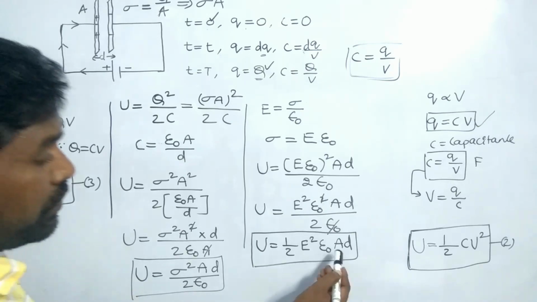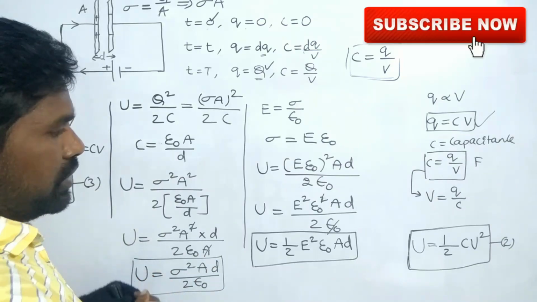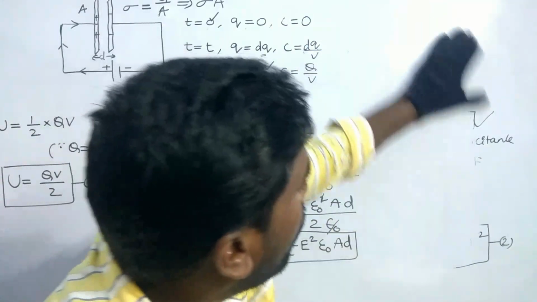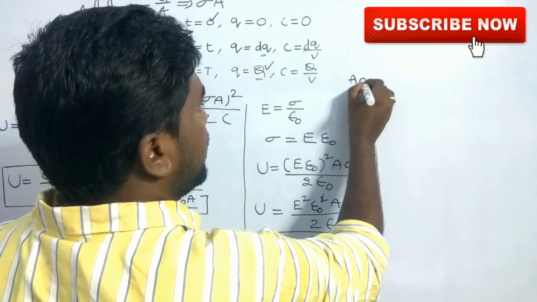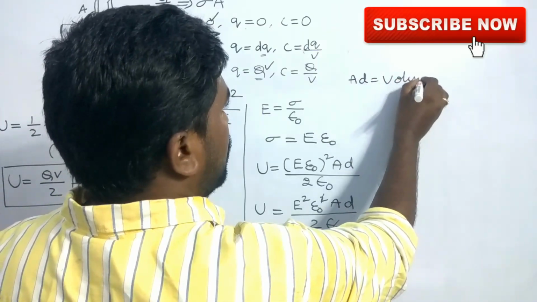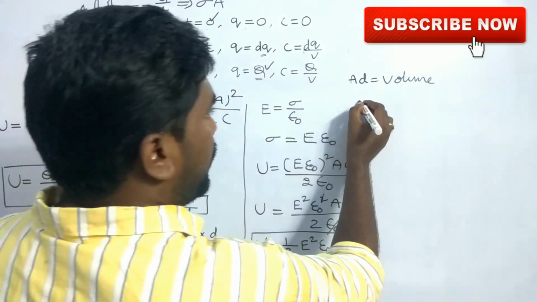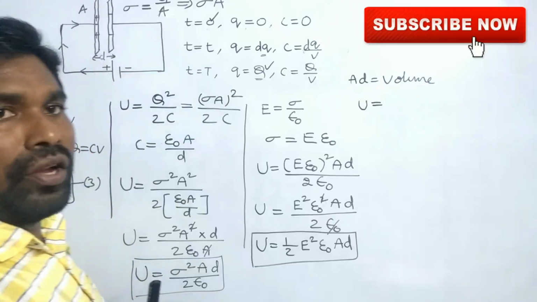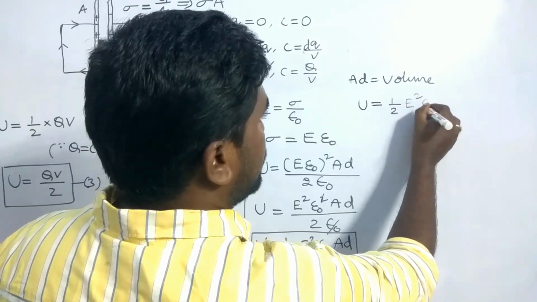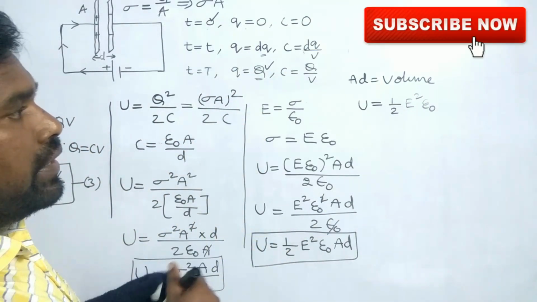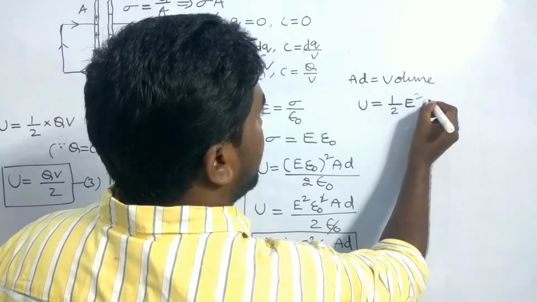From this equation, area into distance between the two plates, A into D, is nothing but volume. So the energy per unit volume is equal to 1 by 2 E square epsilon naught. This is the energy stored in a capacitor per unit volume.